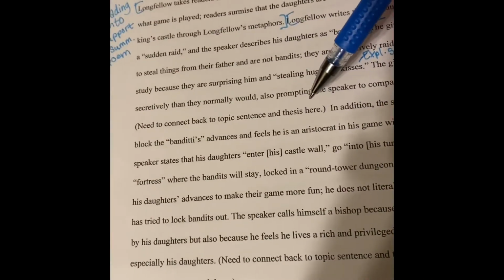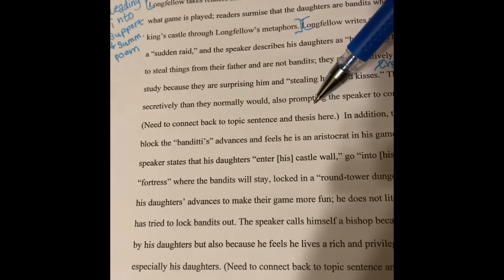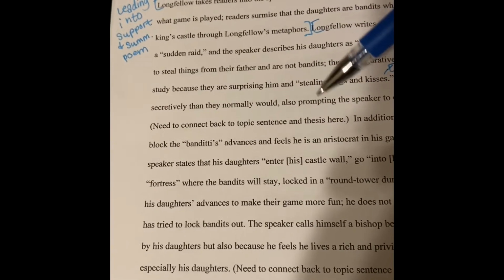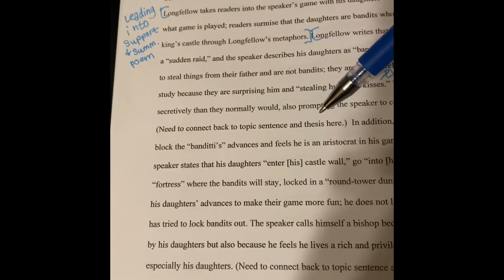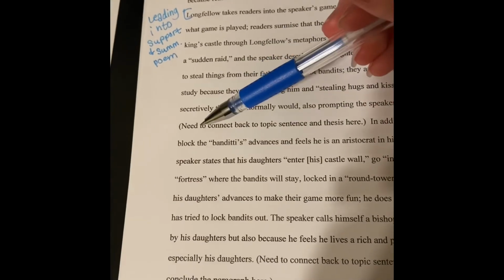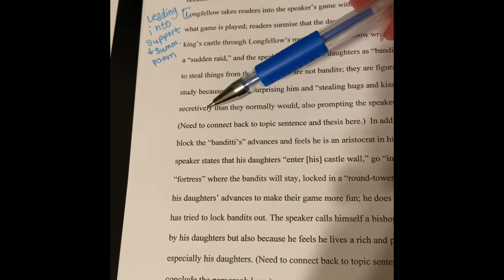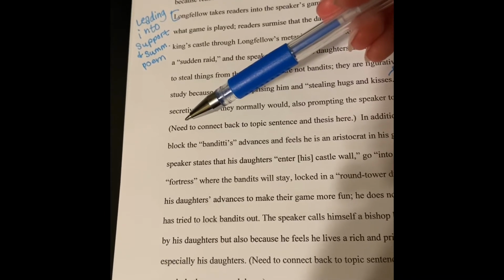Now, as I was writing this, I kind of had a brain fart. I was having trouble connecting this piece of support back to the topic sentence and to the thesis. Since this is my first draft, I actually just made a note here so that I could come back to it later. I use parentheses to make notes. You can do whatever you want, bold or italics or underline or something.